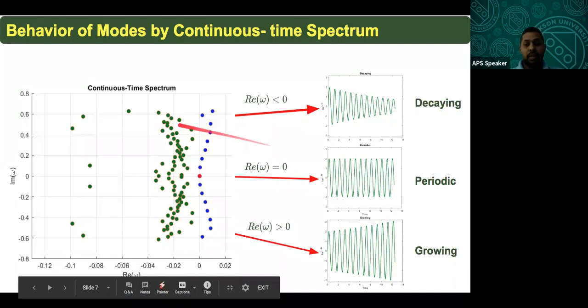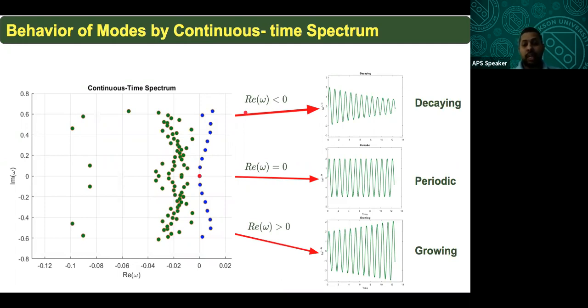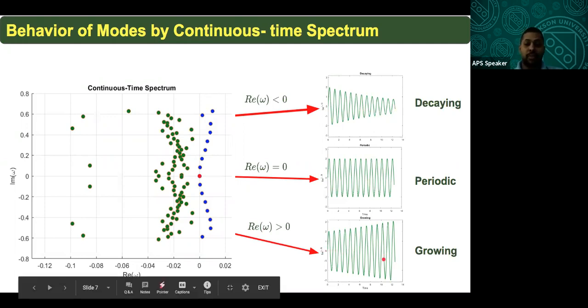We can use the real part of the omega values to think about decaying and growing features, and as we discussed before, if you have an imaginary part, then we have periodicity. If you have a negative real part, it is decaying. If you have a positive real part, then it is growing.